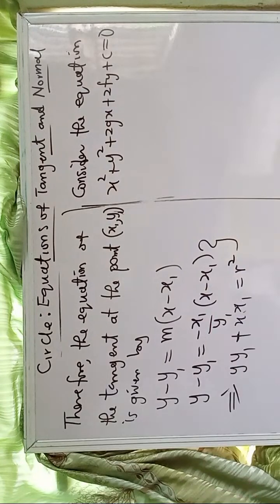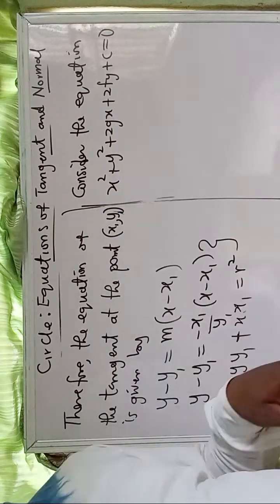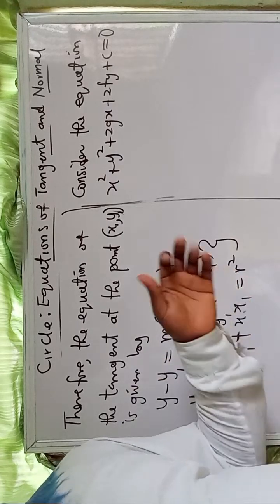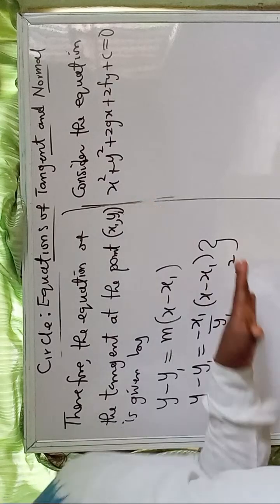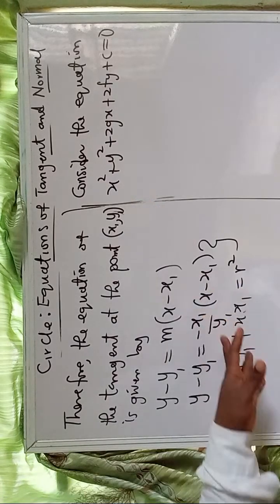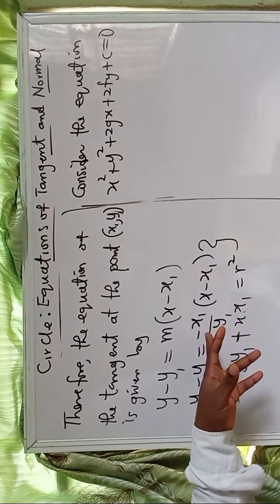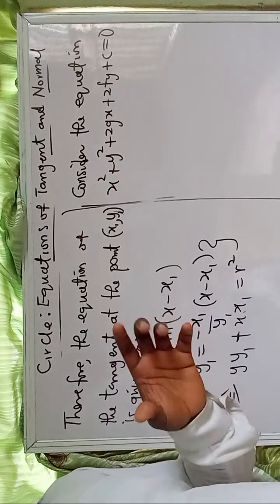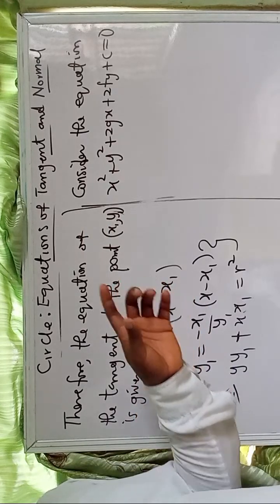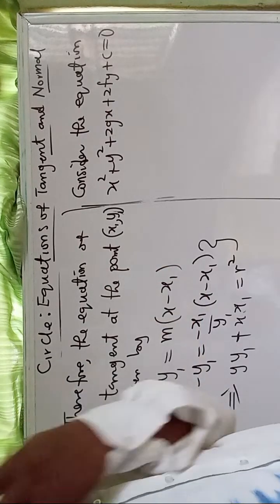We'll recall that this is the general equation of a circle when the center is not at the origin. What we have shown so far is the equation of a tangent line when the circle is at the origin. We want to show it for the case of a circle whose center is not at 0, 0.